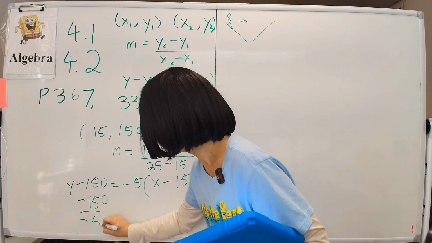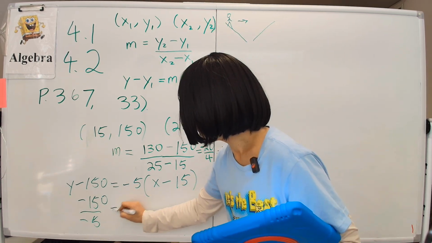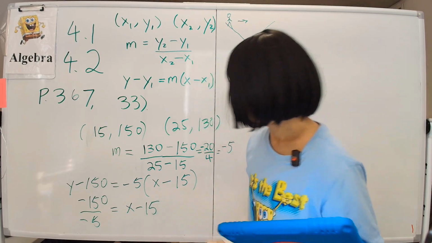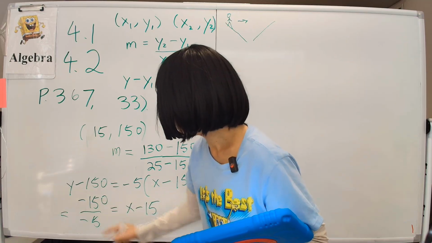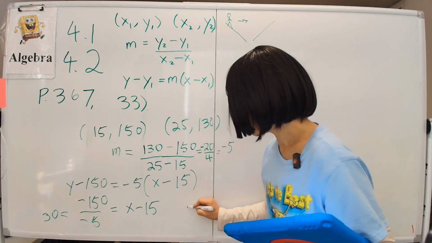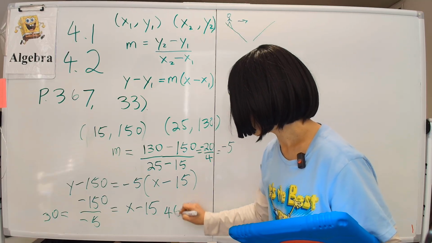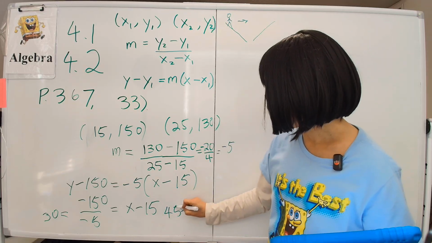We push the minus 5 across the equal sign down below the division line, so that this side has only x minus 15 left. That gives us 30. And so x equals 45, because I pushed the 15 to the other side, 30 plus 15 gives us 45.